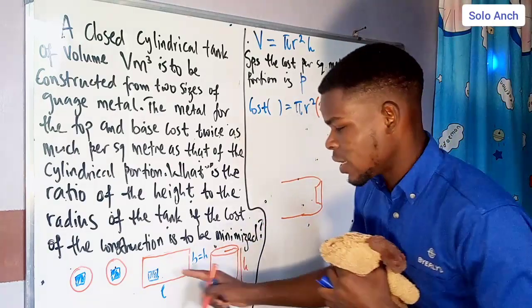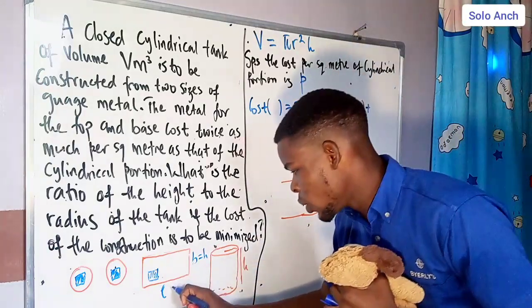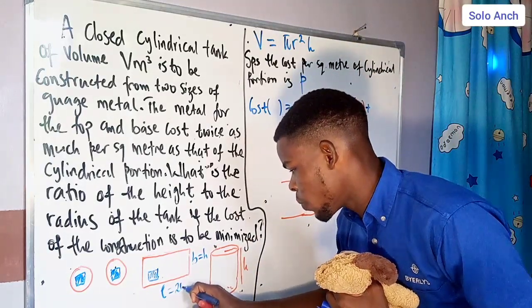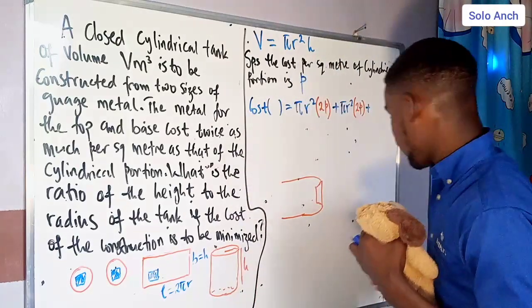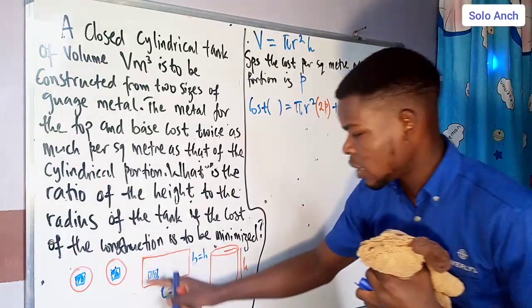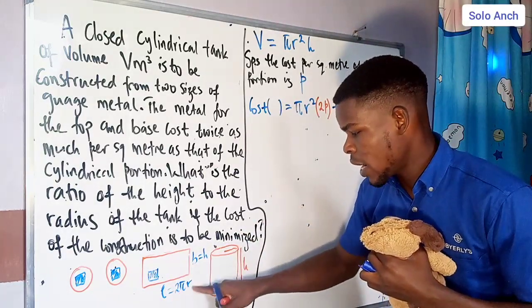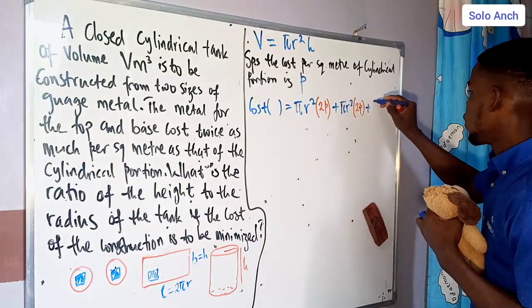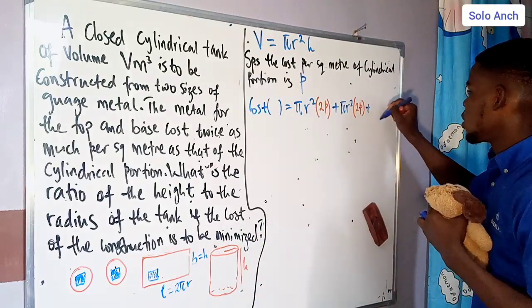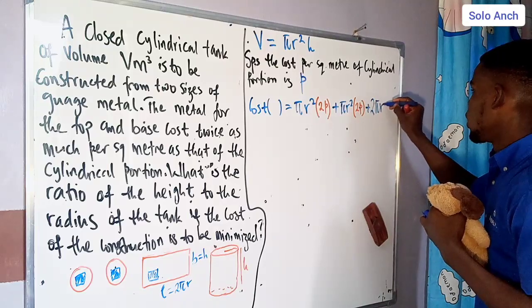So to find the length of that circle is the same thing as saying find the circumference of the circle. So this right here is going to be 2 pi r, which is the formula for the circumference of the circle. So all in all, to find the area of this rectangle, we are going to have the length times breadth, which is 2 pi r times h.